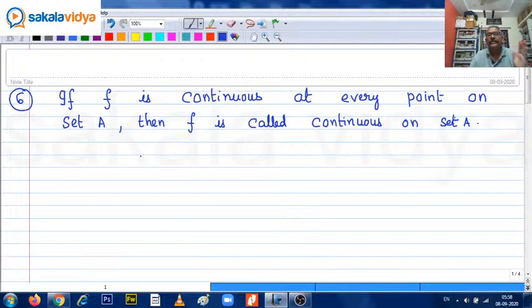It should be continuous at each and every point on set A. Then we call f a continuous function on set A.